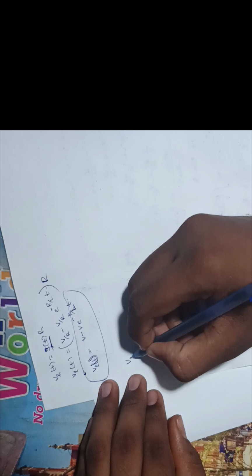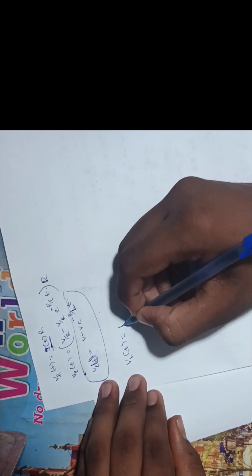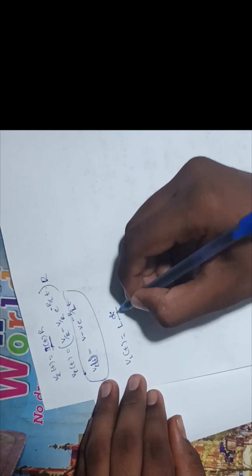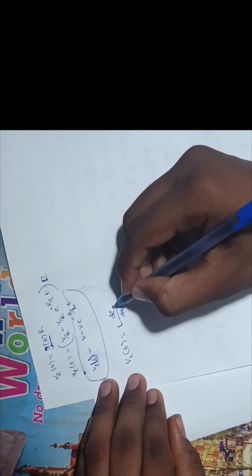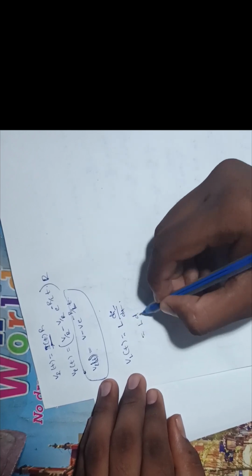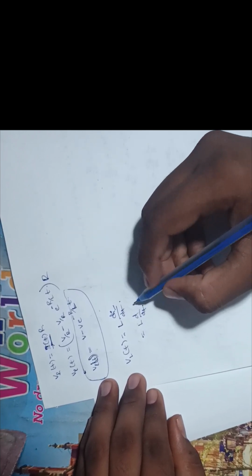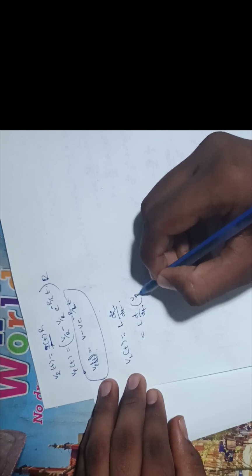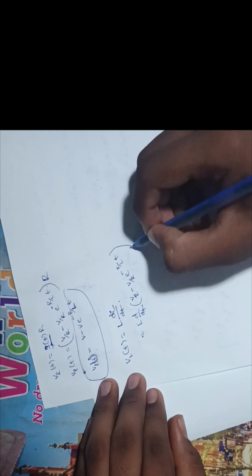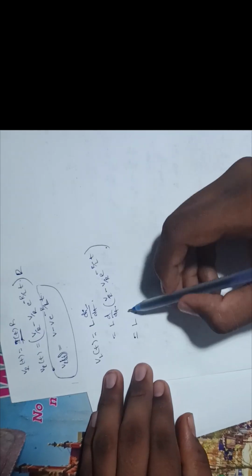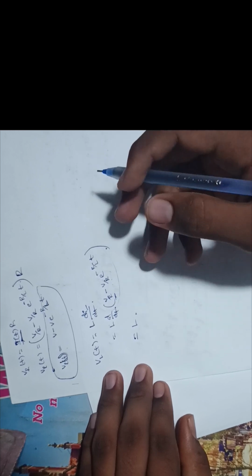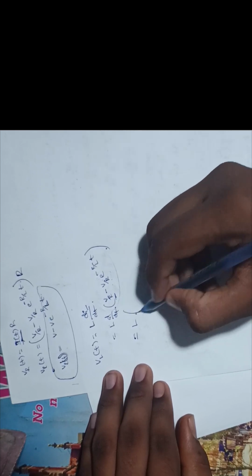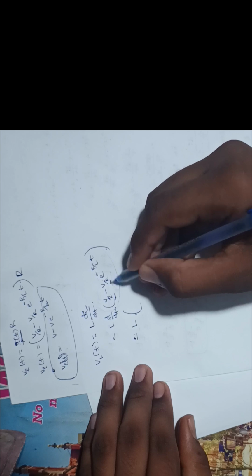We want the vL of t value also. We know the voltage across the inductor formula is L di by dt. We know the i of t value, so substituting, vL of t equals L into d by dt of (V by R minus V by R e to the power of minus R by L t). L is constant, so we move it out. The derivative of V by R is 0, since it is constant.